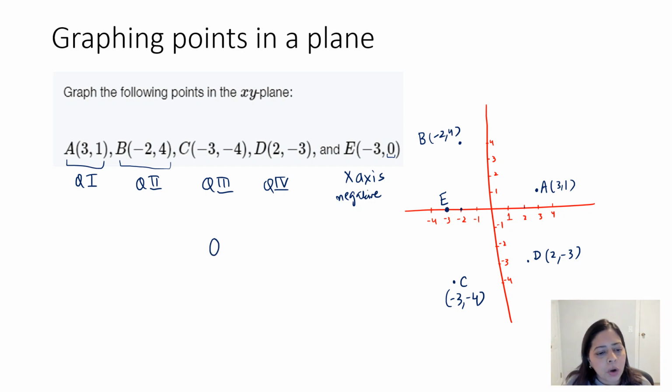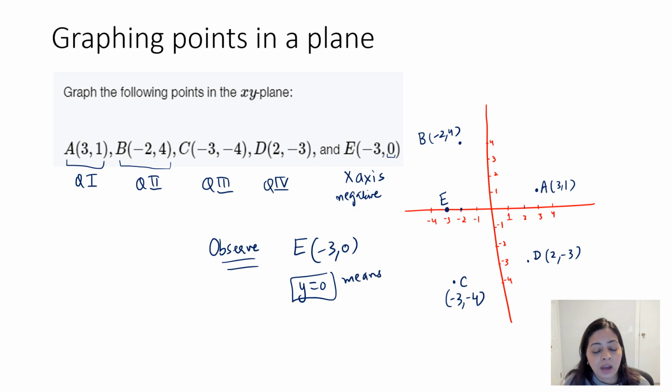I want you to observe one more thing specifically about the point E, (-3, 0). The y coordinate equal to 0 means what? y equal to 0 means the point is on the x-axis.